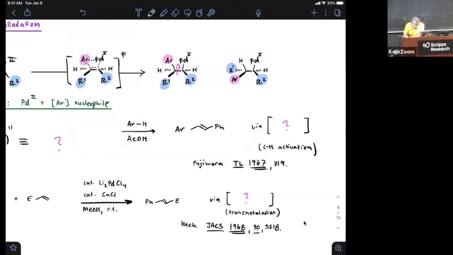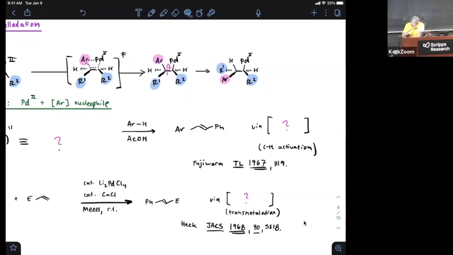So now you need to rotate to get your beta hydrogen syn, and then the last step, I think Wenji said, is going to be beta hydride elimination. Now, what happened overall to the relative orientation of the two R groups?